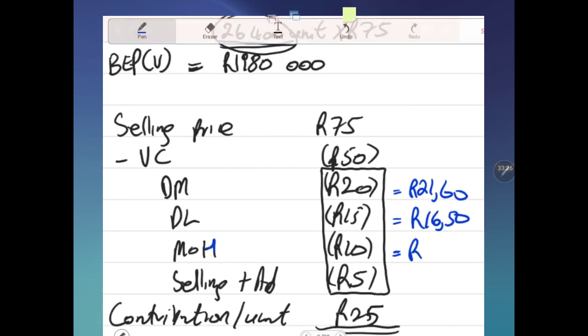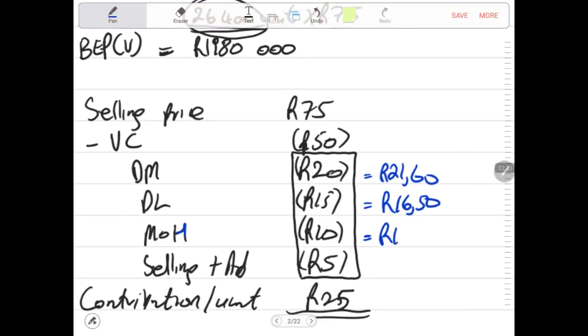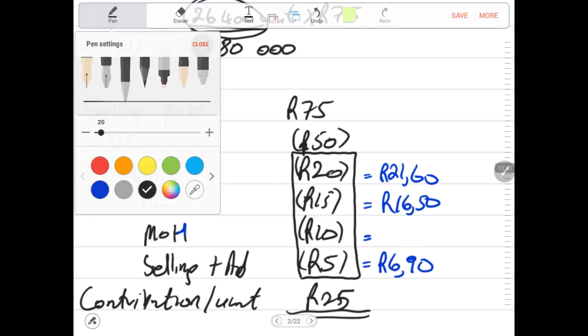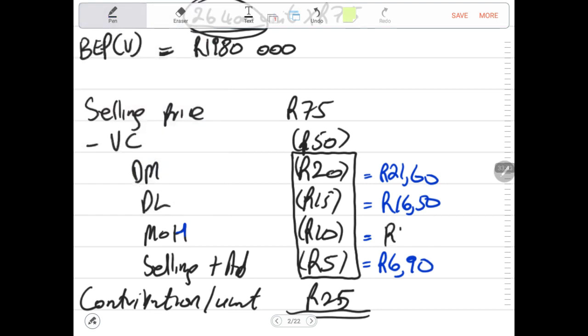So this 10 Rand remains the same, selling and admin increasing to 6.90 Rand. That means this one remains in the old color, just to see the difference. Then all others have changed except the selling price. That means the selling price still remains at the old color, 75 Rand.